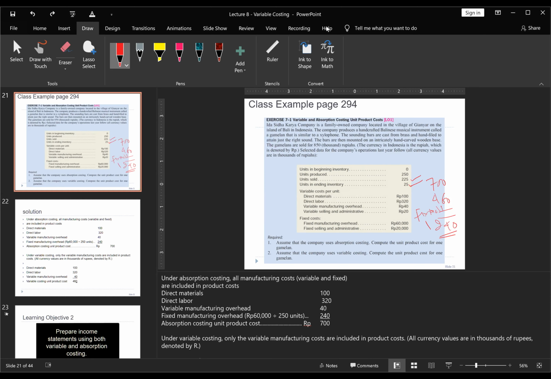Yes. All the data is here. You can make variable costing income statement as well, right? Sales minus all the variable cost minus the fixed cost, you can find out that. But use 7.1 as reference as well, okay? Okay. Thank you.